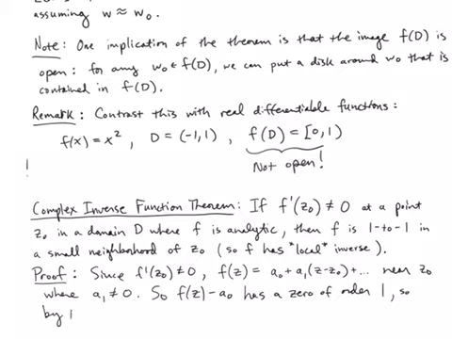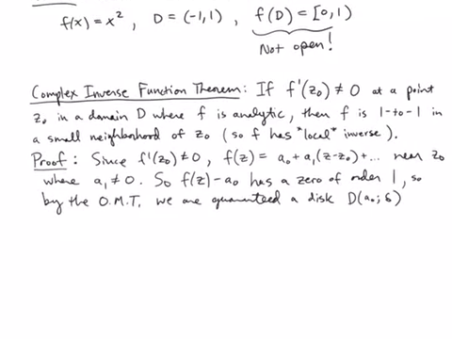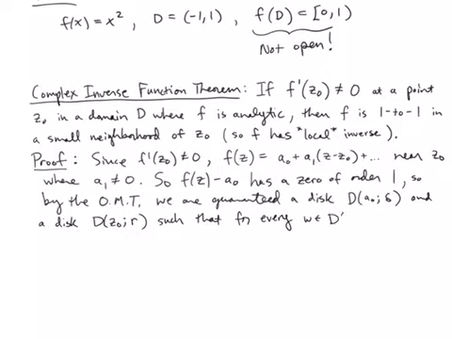So by the open mapping theorem, we are guaranteed a disk D around a0 of radius delta, and a disk around z0 of small radius, such that for every w in the disk around a0, there is exactly one z.